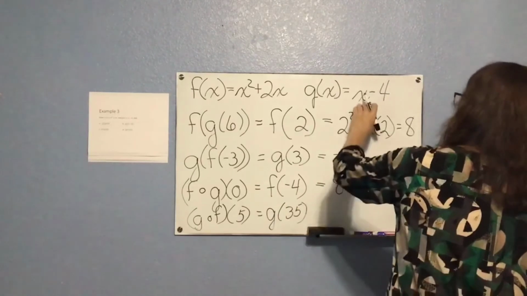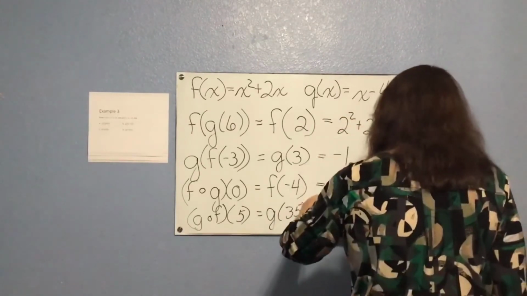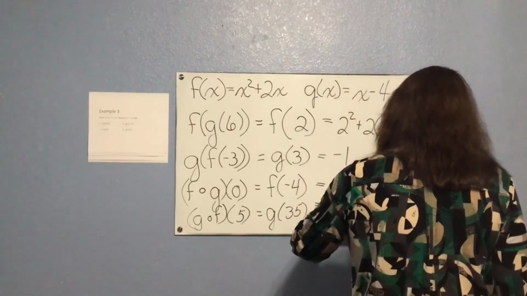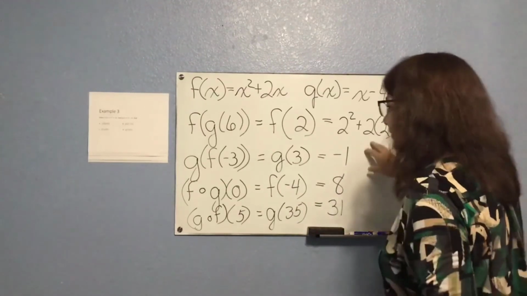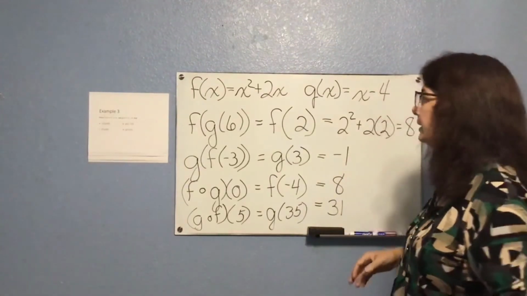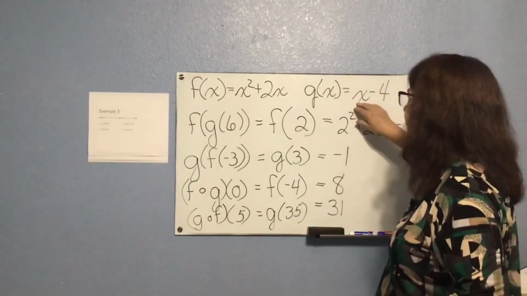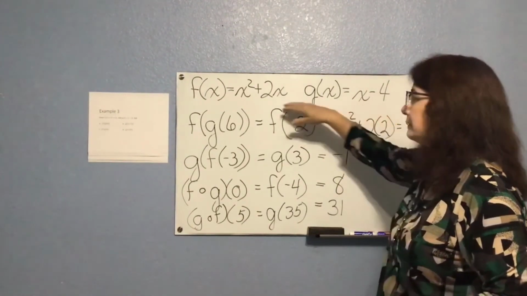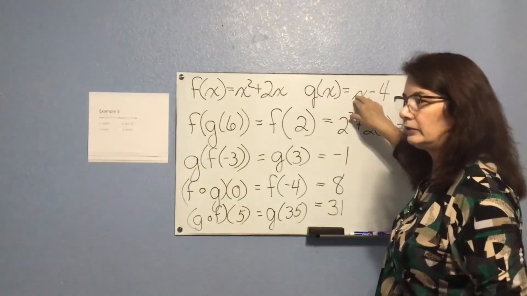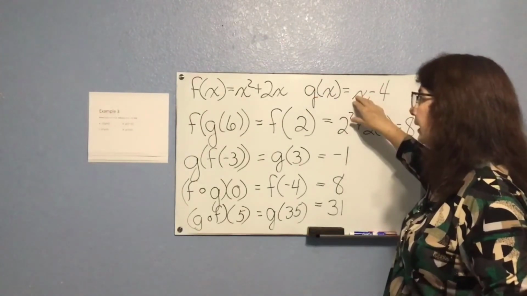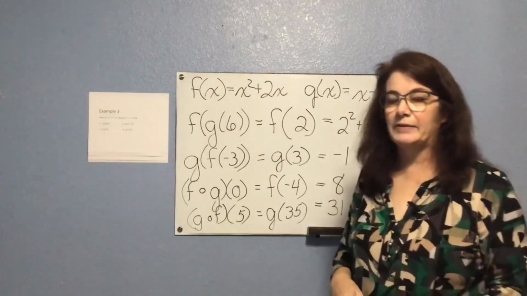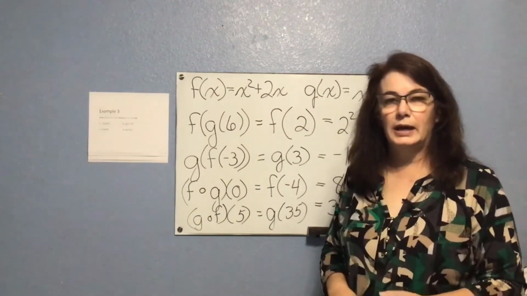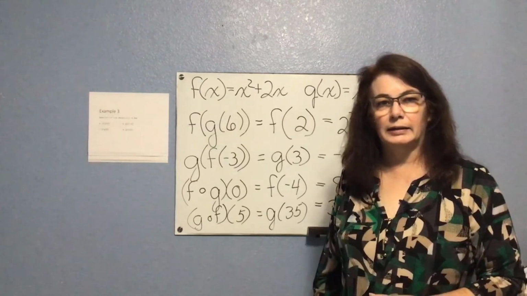And if I put 35 here, I have 35 minus 4 is 31. Okay, so this is composition of functions. Because I didn't have any restrictions on these for the domain, I'm not going to have restrictions here. But if I were to have a square root or a fraction, I would need to think about that a little more carefully.